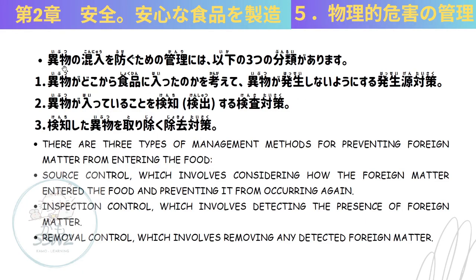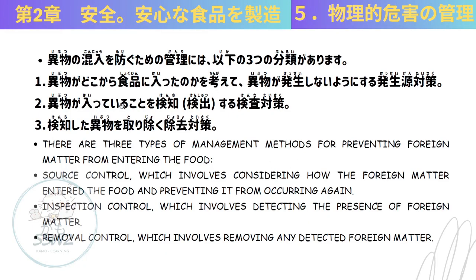First, source control about raw materials, which is how the foreign matter enters the food and preventing it from occurring again.